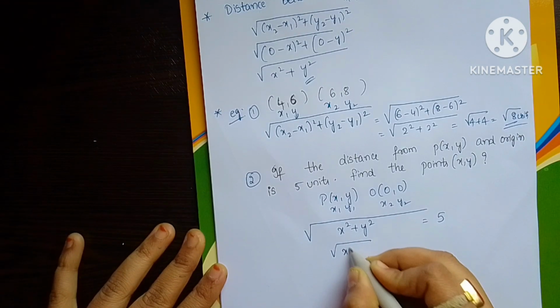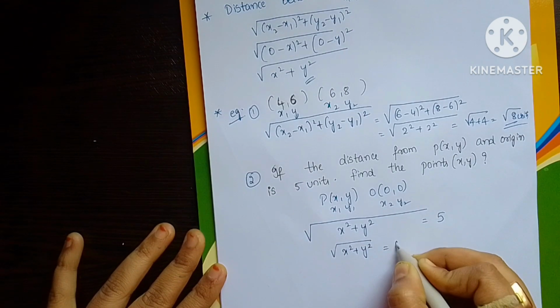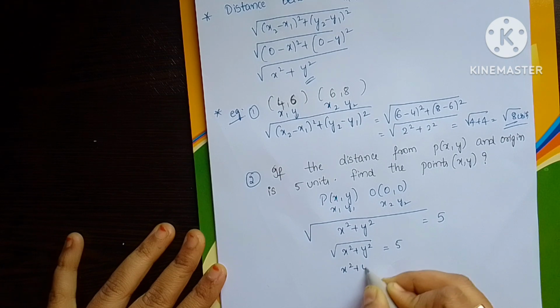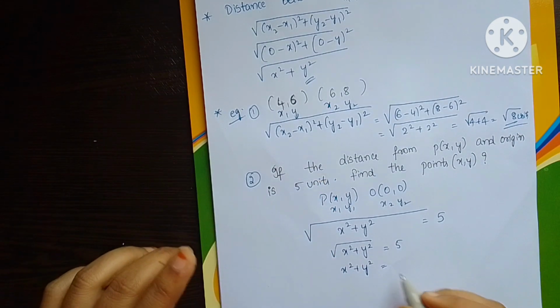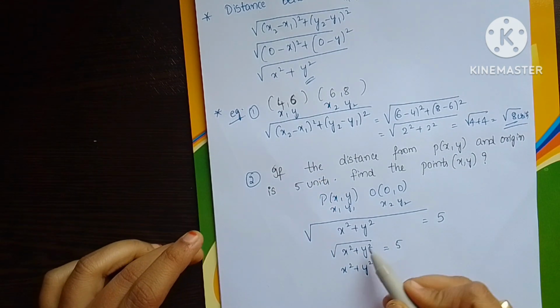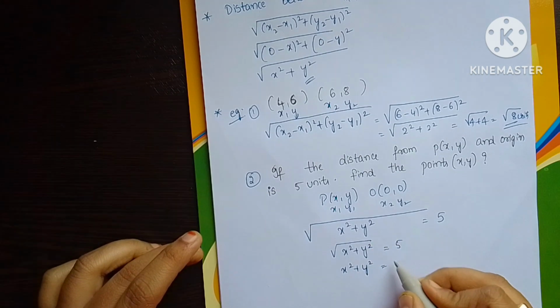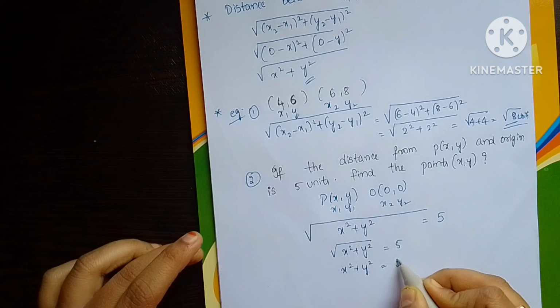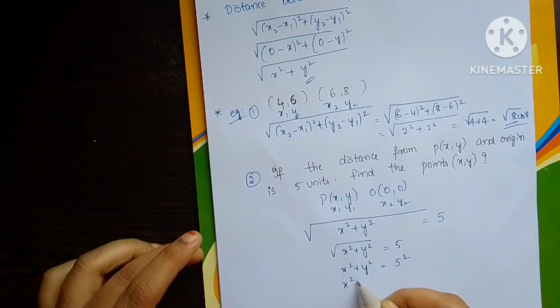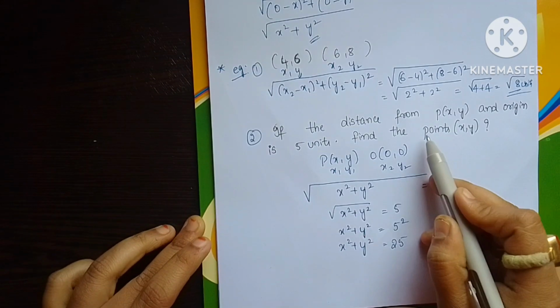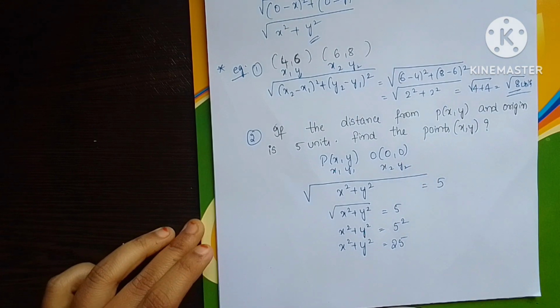So square root of x square plus y square is equal to 5. We are squaring on both sides, so the square and the square root get cancelled, and x square plus y square becomes equal to 25.